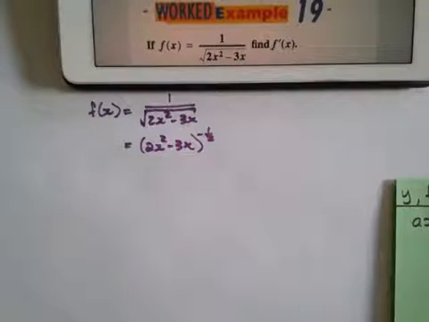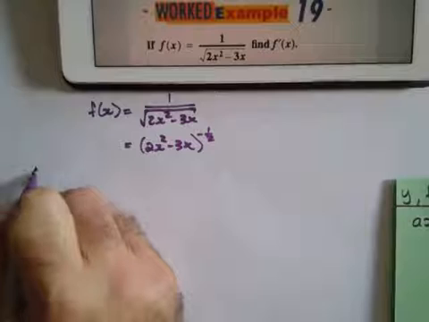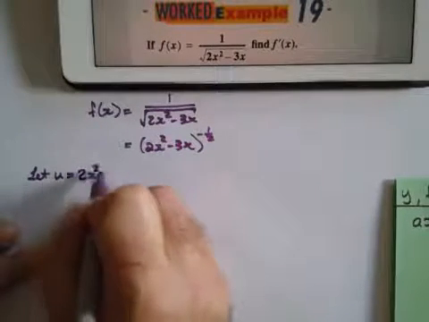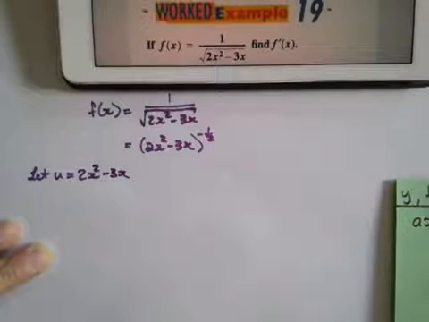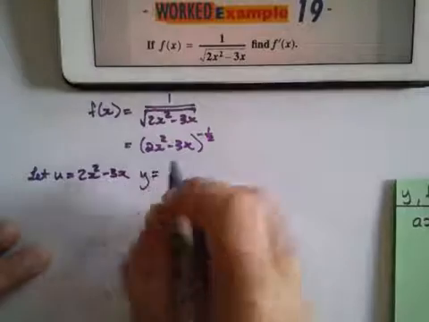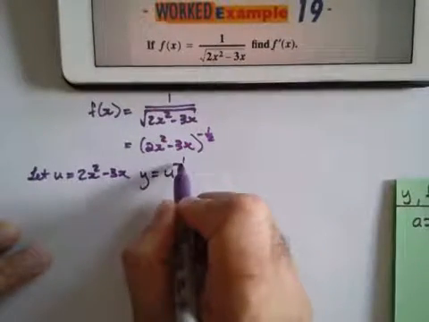Now, in the previous video, we said the following: let this function be u. So let u equal 2x squared minus 3x, and then y will equal u to the power negative a half.